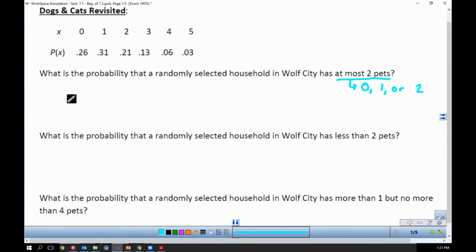Probability that X is at most 2 would be less than or equal to 2. We want 0, 1, or 2, just this group of values.